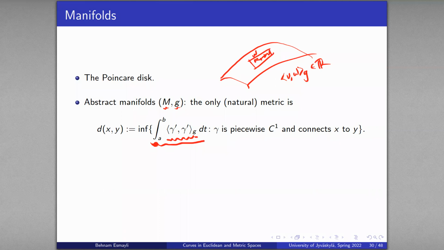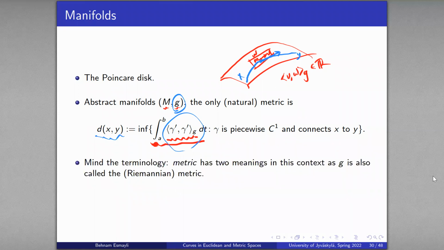If you are traveling along this curve from x to y, its derivative at every point, say at this point, is a vector, and you can dot product it with itself in this G metric. And yes, this is a well-defined real number, so everything makes sense. And you look at the shortest that you can get. And that defines, you have to, of course, prove, a distance on this space.